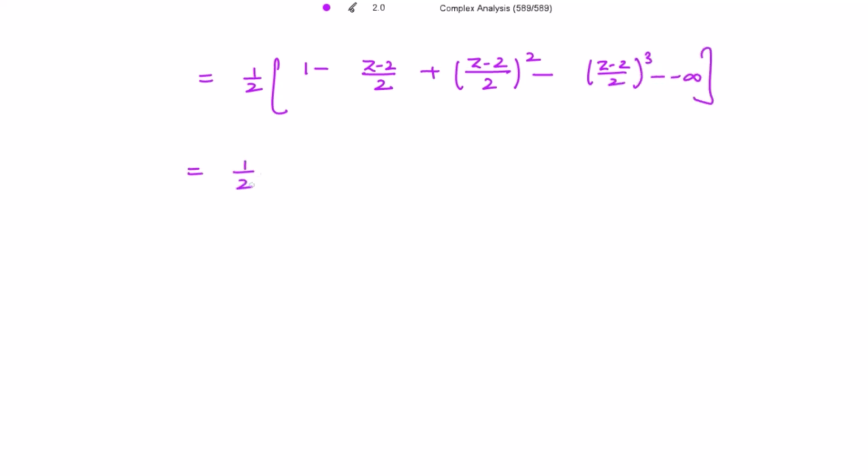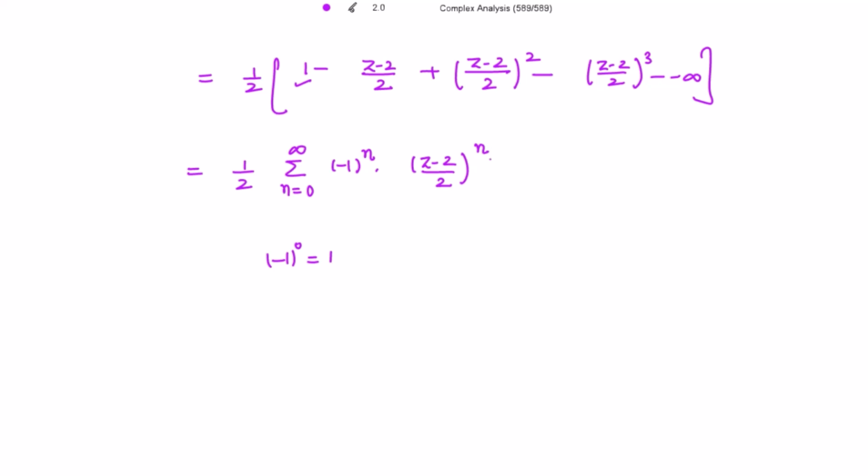Now writing in the summation format, we can write this as the summation going from 0 to infinity, and because of the alternate signs I am writing here minus 1 to the power n. When you put n equal to 0, you get minus 1 to the power 0, that is equal to 1, and multiply this with ((z minus 2) divided by 2) to the power n.